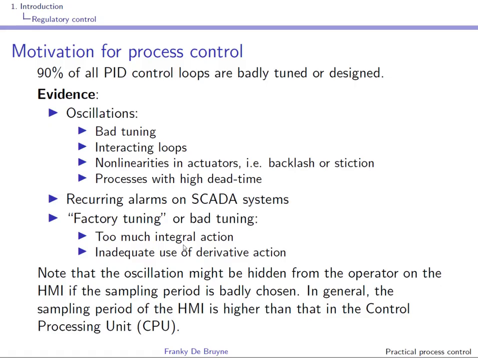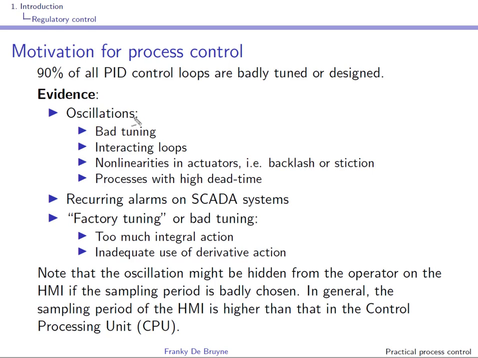With what we have seen before, we can certainly agree on the fact that an abnormally high quantity of control loops are badly tuned or badly designed. This means that the control structure is not adequate. Well, there is a lot of evidence for that, and the indicators that are shown here are very important as they allow you to assess the control performance of a production line.